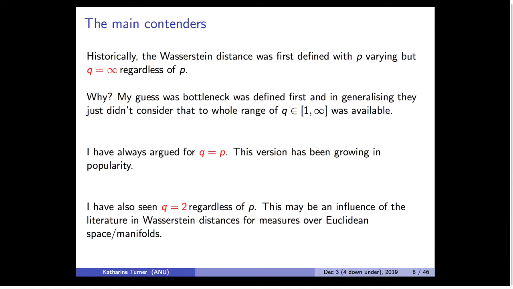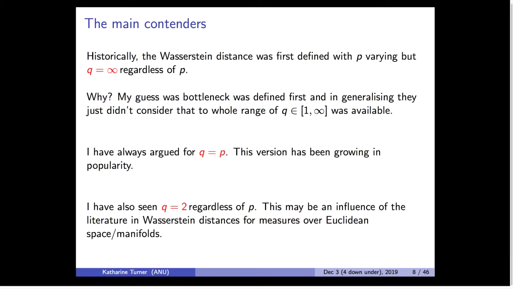I'm not completely privy to the reasoning behind this, but my guess is they just didn't consider that you could change the q. It was just one parameter and they wanted to change it as minimally as possible, I guess. I think this was in the Lipschitz stability paper. I might be wrong in terms of the first origin of Wasserstein distance for persistence diagrams. I'm happy to be corrected.